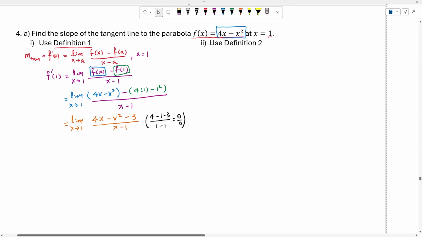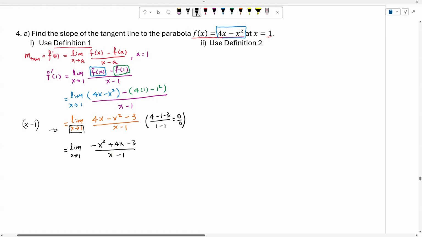So remember, if x approaching 1 gives me 0, it means x minus 1 is one of the factors. Okay, so let me rearrange. So I have negative x squared plus 4x minus 3 divided by x minus 1.